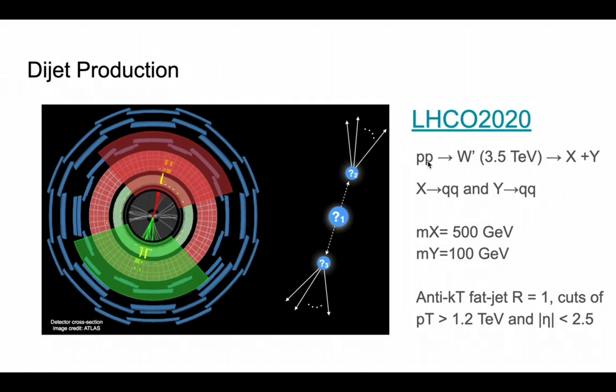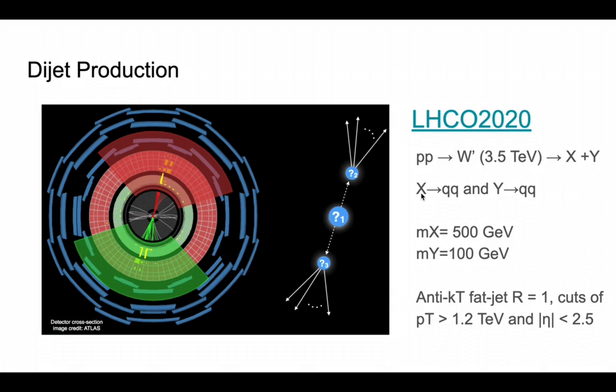The sample is produced from proton collisions into a heavy extended gauge boson W prime. This W prime is unstable and decays to 2 particles X and Y, while X can further decay to a quark-quark pair and Y can decay to another quark-quark pair.